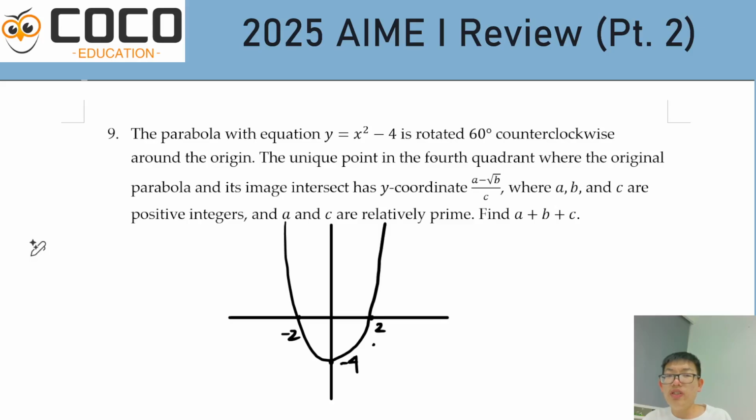So the unique point in the fourth quadrant where the original parabola and its image intersect. So that means there's some point here. And then after that, when you rotate it, it means that something from here rotated 60 degrees over to here. And then that's why it got intersected at that one point.